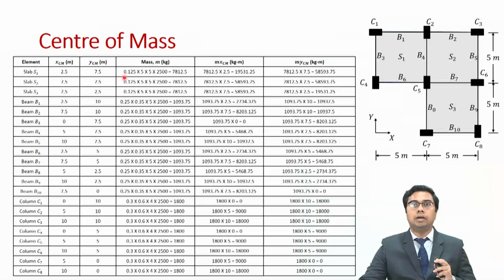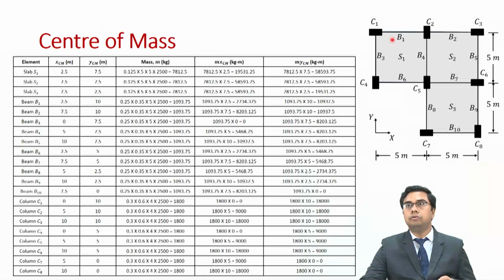So, this product gives us the total mass of slab S1 as 7812.5 kilograms.